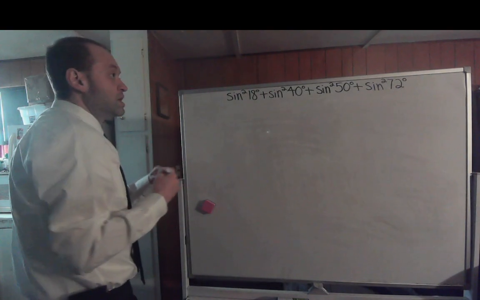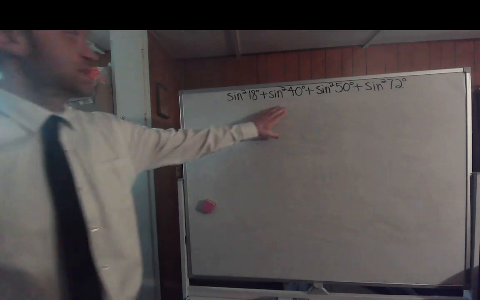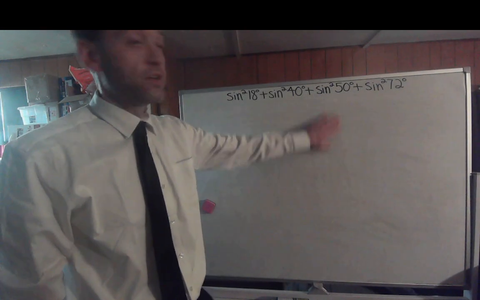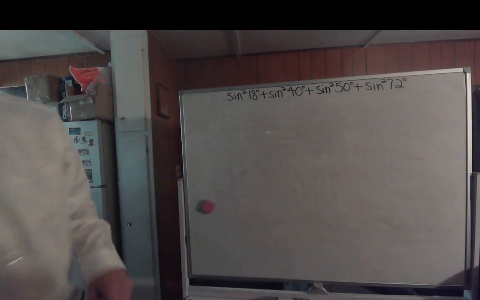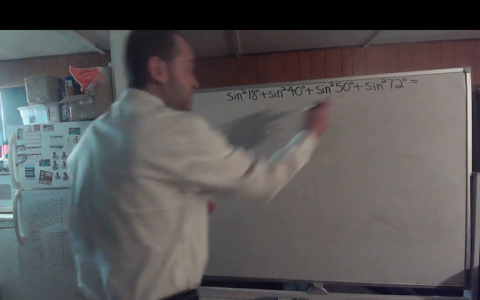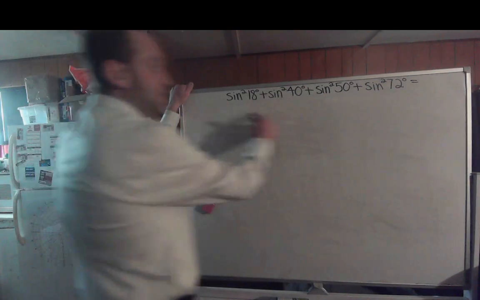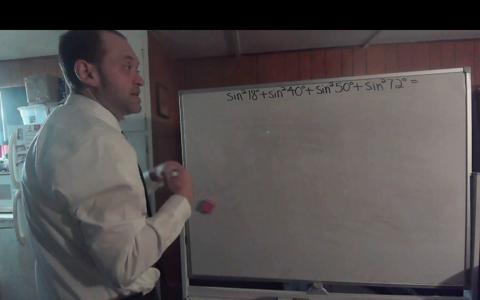So if you look at 40 and 50, those add up to 90. Keep those together. But then you have 18 and 72 that are separated, but 18 and 72 add up to 90.